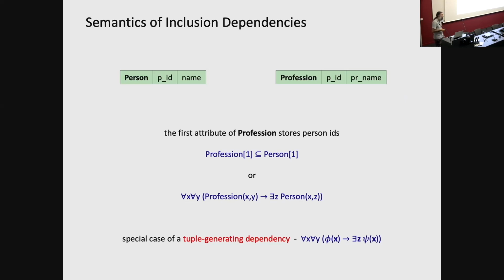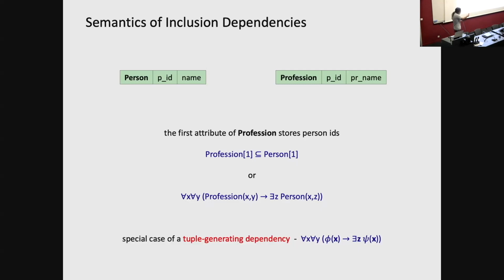Yeah, okay. My question is, maybe I didn't understand, but are inclusion dependencies equivalent to the tuple generating dependencies? No, it's a special case. What I just said is a tuple generating dependency is a sentence of the form ∀x̄ (φ → ∃ȳ ψ), with ψ being a conjunction of atoms. I can have more than one atom there in conjunction.